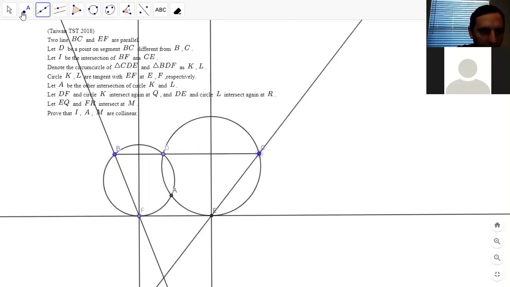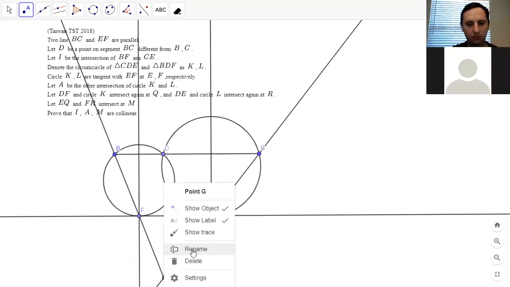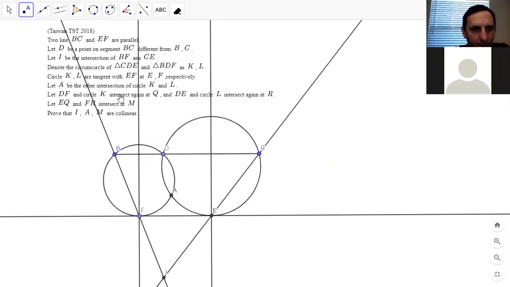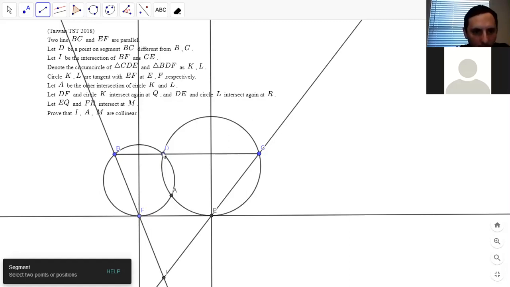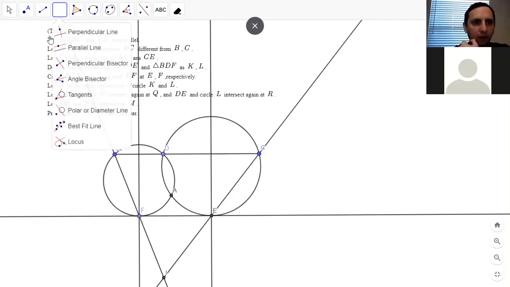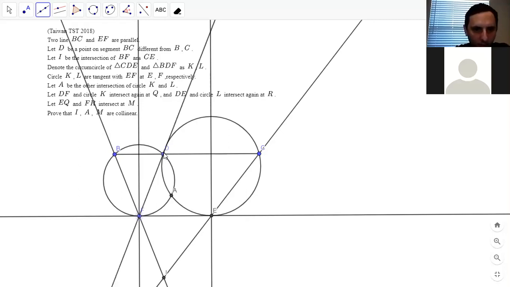That's I. DF and K intersect at Q. So obviously DFB is isosceles and so is CED. So we draw the other two intersection points.